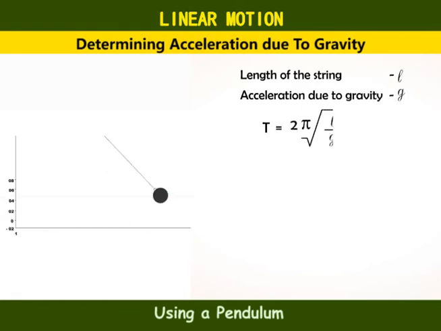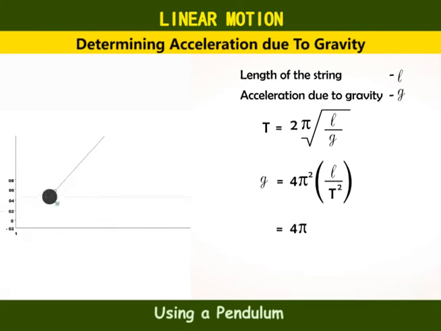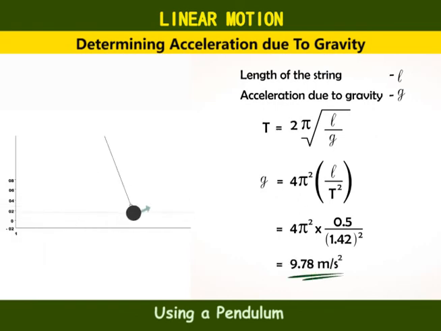T is equal to 2 pi times the square root of L over g, meaning that g is equal to 4 pi squared times L over T squared. In our case, this will be 4 pi squared times 0.5 over 1.42 squared. That gives us 9.78 meters per second squared.